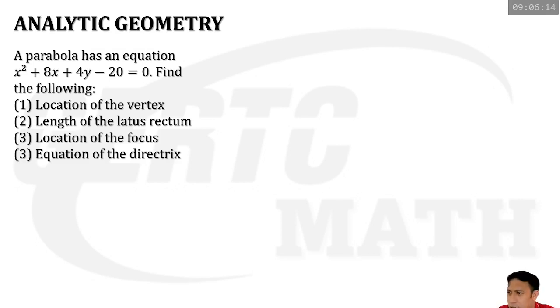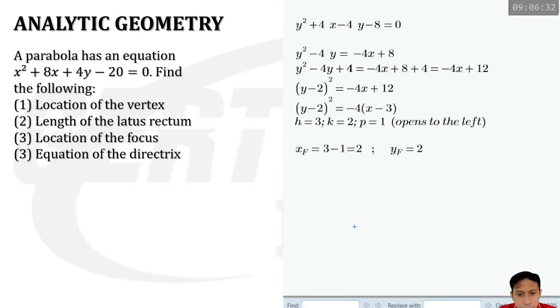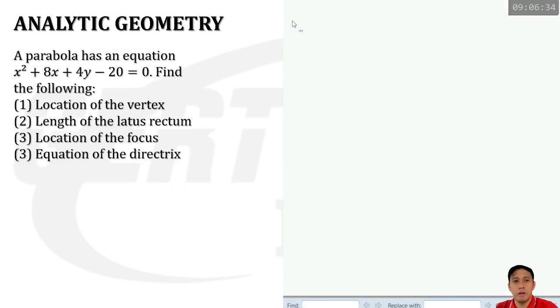So the vertex is at 42, is it? Tell me daw, ano yung standard form niya? If it's x squared plus 8x plus 4y minus 20 equal to 0, so the standard form is ano?